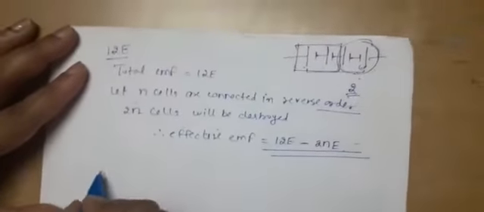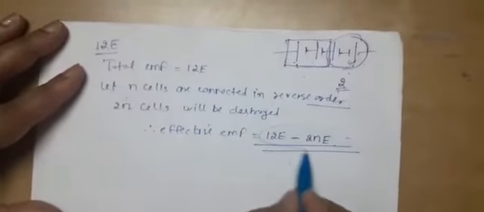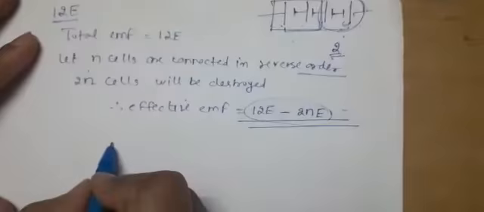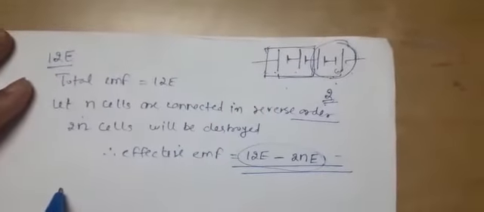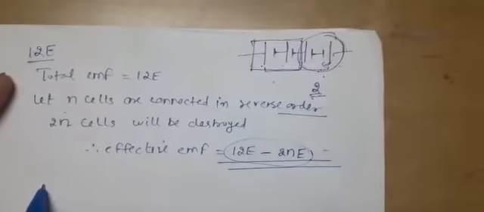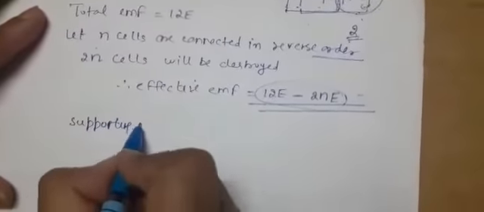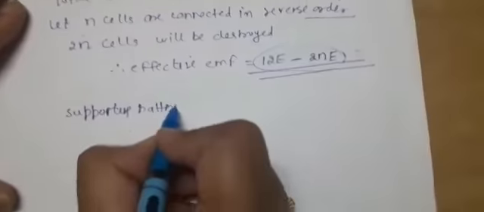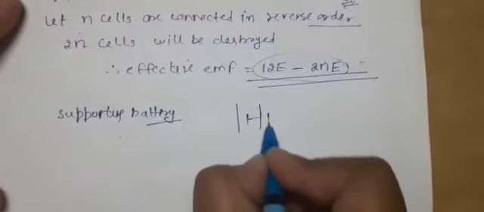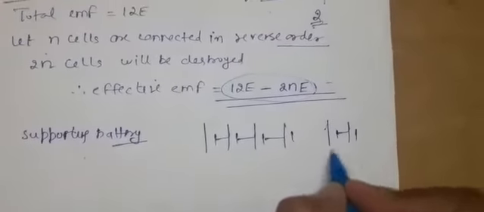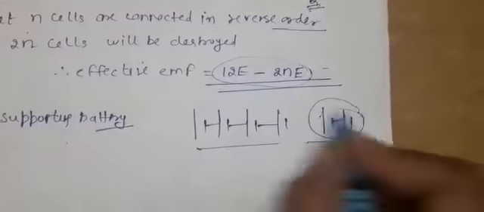Now after this, it has been given that this battery is connected in series with 2 cells. So the external battery of 2 cells that is connected is a supporting battery. It means if we are taking the battery system like this, and 2 other batteries are also connected following the same sequence, then this will be helping.